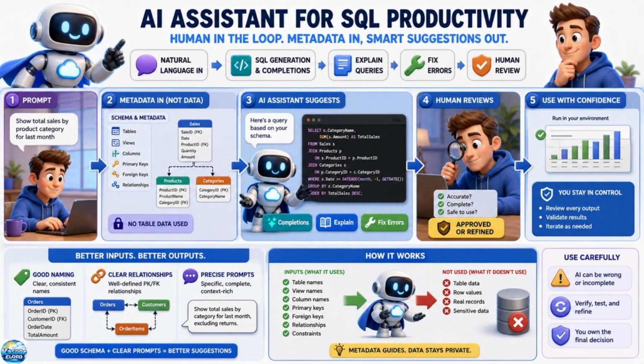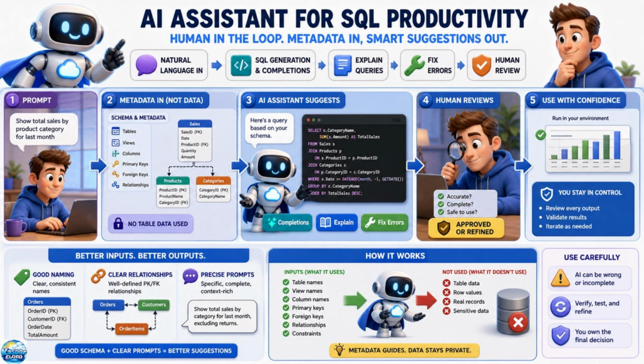Copilot capabilities in Microsoft Fabric Data Warehouse can improve SQL productivity and accelerate development workflows, but they should be used with careful review and governance. Copilot can generate T-SQL queries from natural language prompts, explain existing SQL statements, provide code completion suggestions, summarize logic, and assist with troubleshooting and error correction. The system uses metadata such as table names, column names, relationships, primary keys, and foreign key definitions to help generate context-aware SQL recommendations.